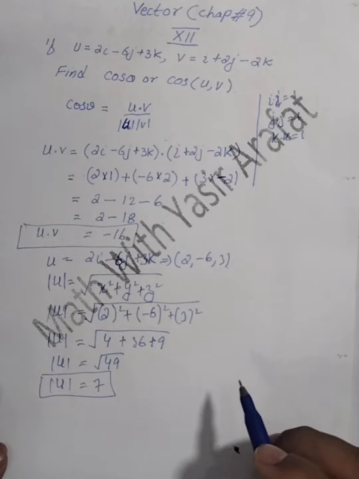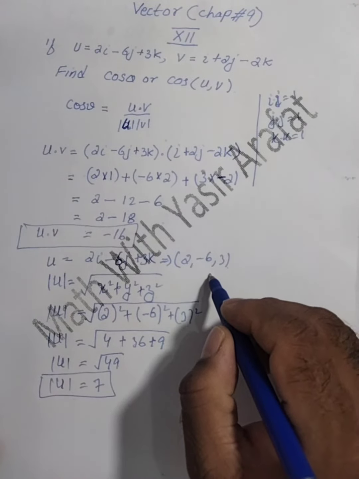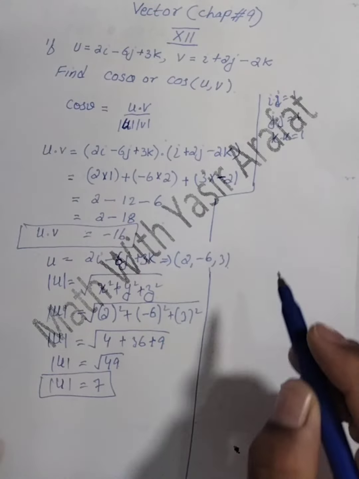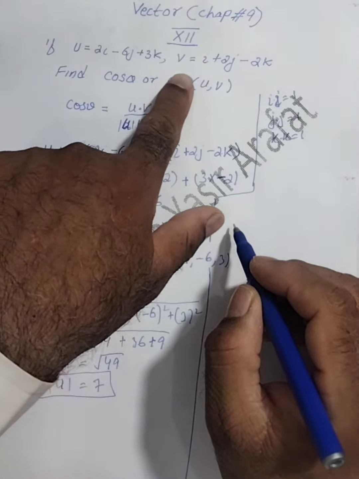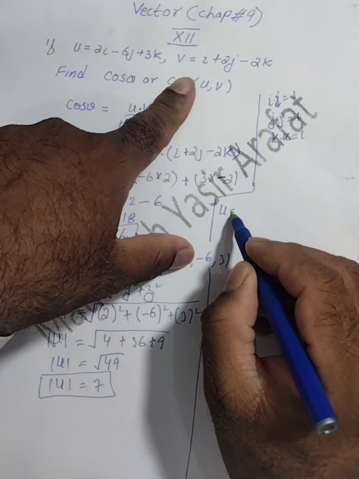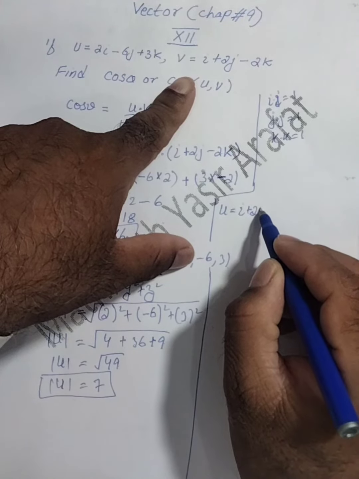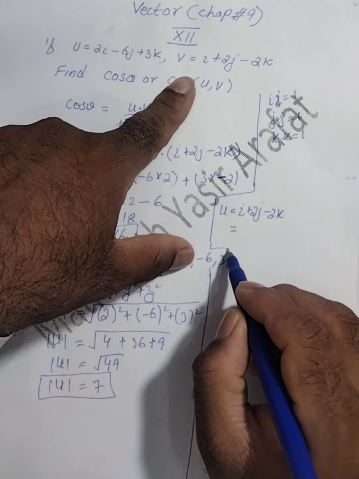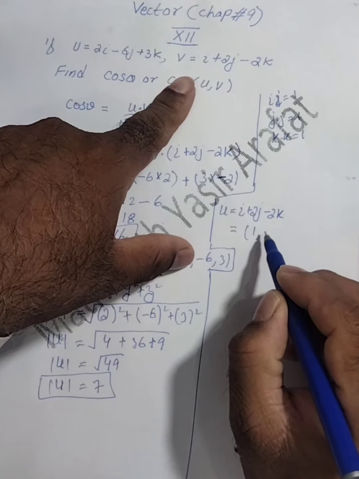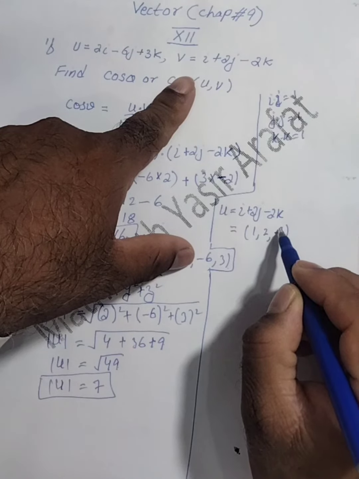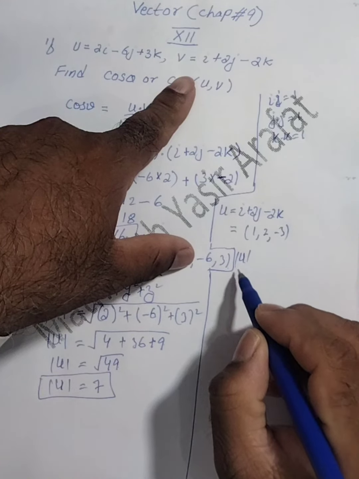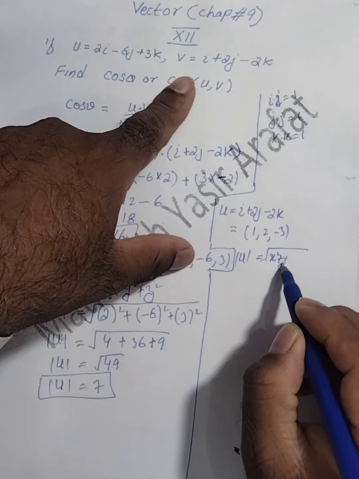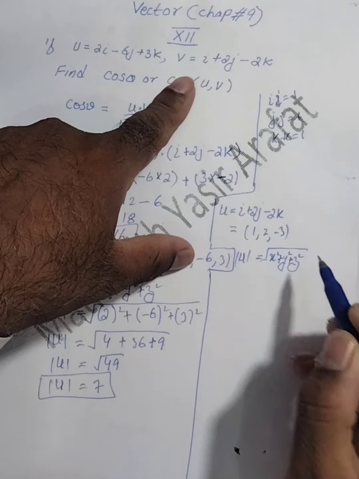Now we have to find out the modulus of v, and the v is i plus 2j minus 2k. So first we have to write down in the ordered pair here, that is 1, 2 and minus 2. So again we have to find out the modulus here, that is x square, y square and z square.